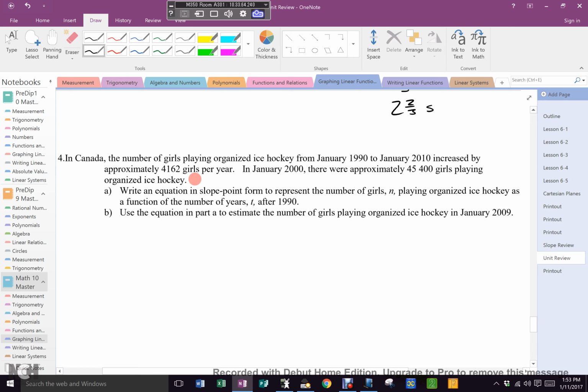So, reading the question, I see that I have 2 variables. I have years, and I have girls playing. Now, when I read this, every year it goes up.